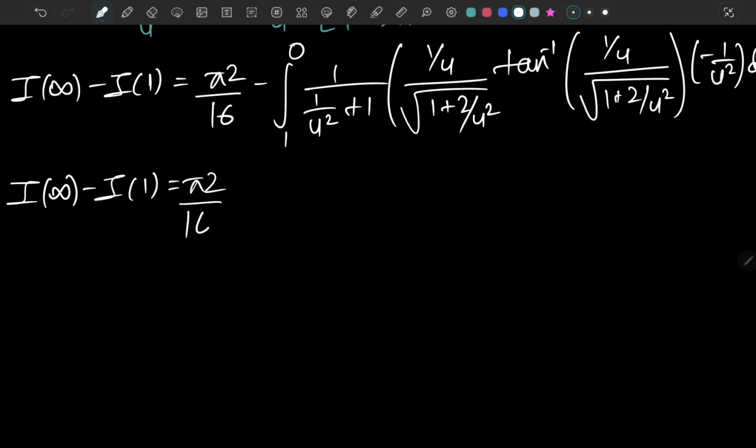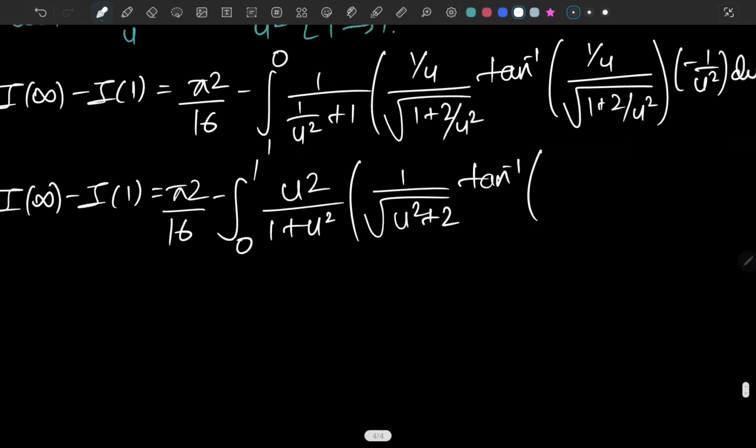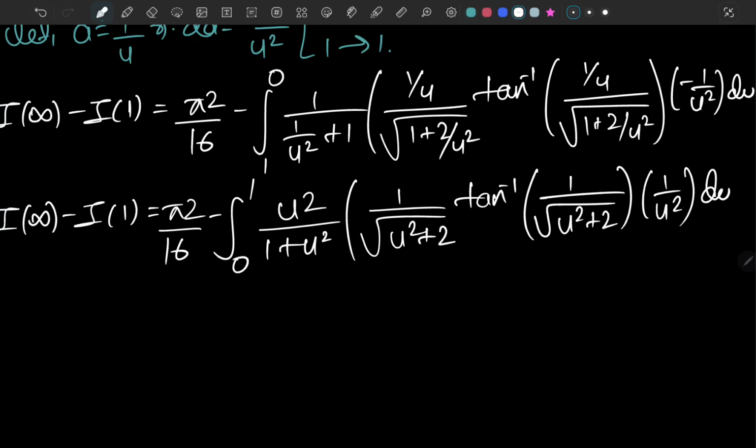Pi squared over 16 minus the integral from 0 to 1, and this becomes u squared over 1 plus u squared, times 1 over the square root of u squared plus 2, and arctangent of 1 over the square root of u squared plus 2, times 1 over u squared, du.